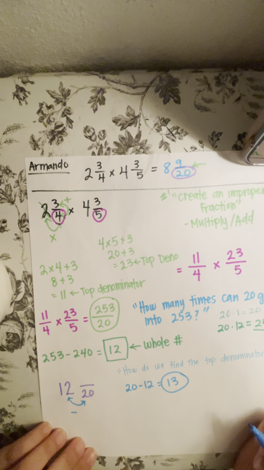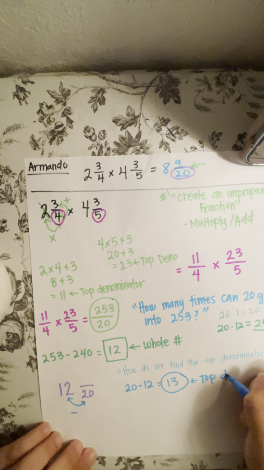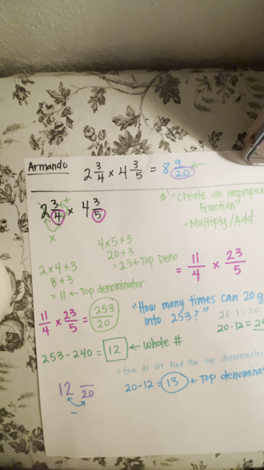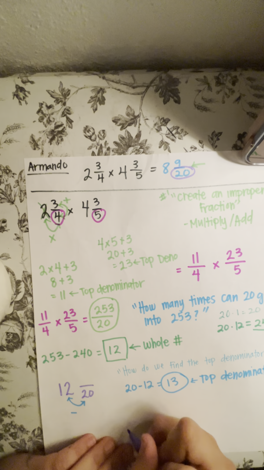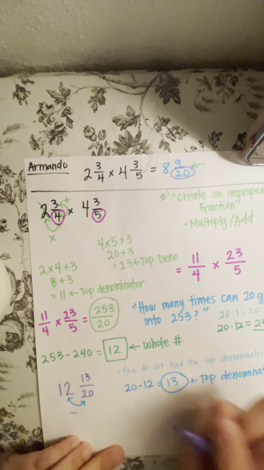Now let's circle it. We found our top denominator. Now let's just rewrite the answer again. So our answer will be 13 right here.